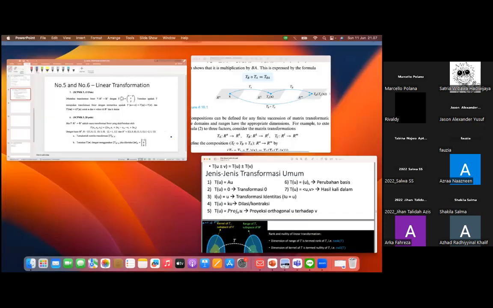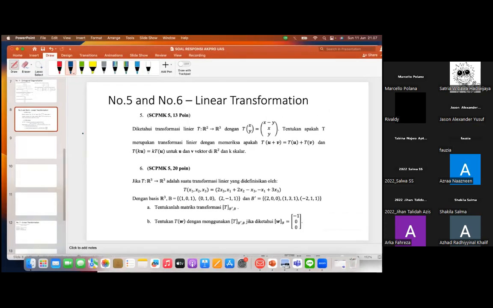Now we go to question 5, which is the proving. Here we know that there's a linear transformation like this. Next, we are asked to determine whether it follows this and this.